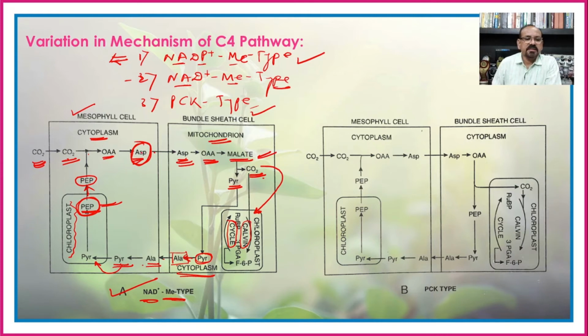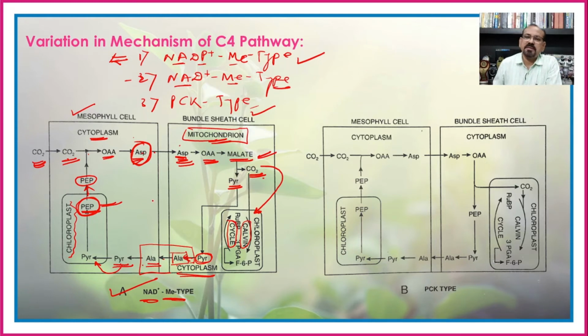So you see this transport of aspartic acid from the mesophyll cell to the bundle sheath cell, but in the mitochondria this is different from the NADP-ME type. Again, one more thing: here there is a formation of alanine. So this is different from what we have seen earlier.